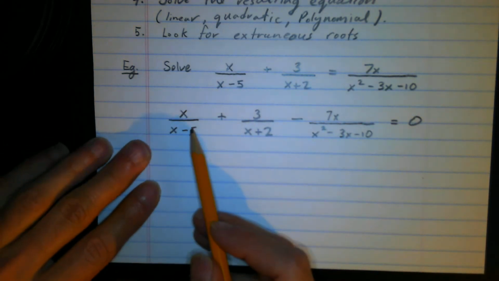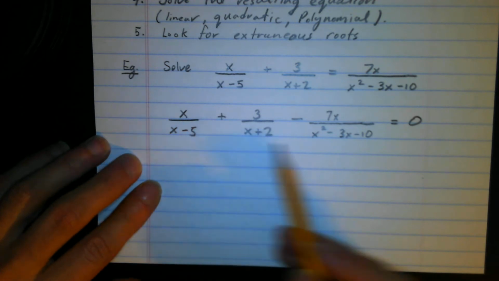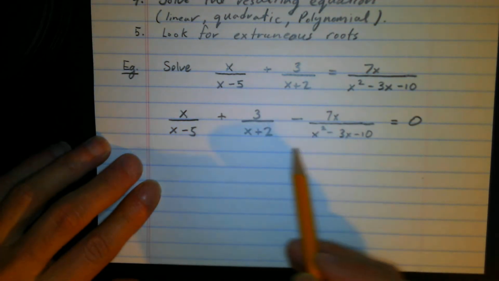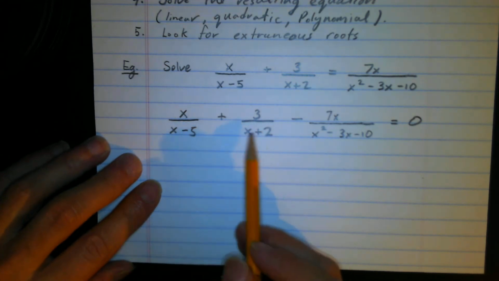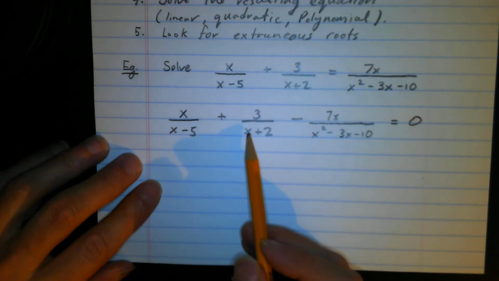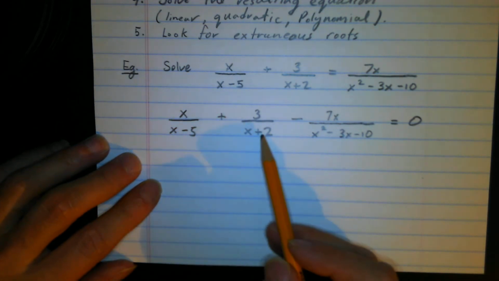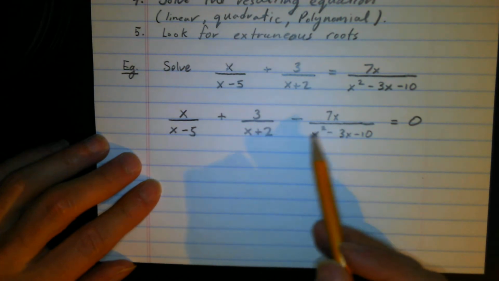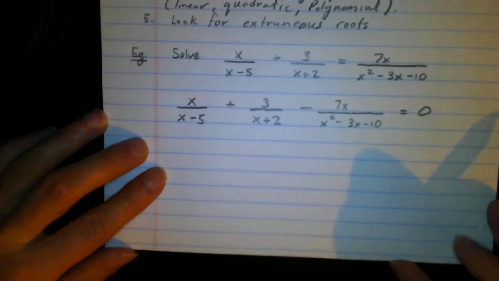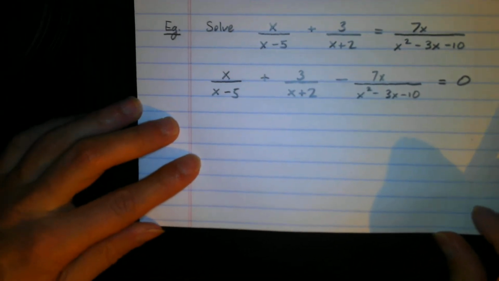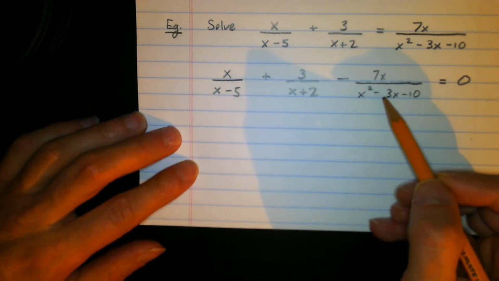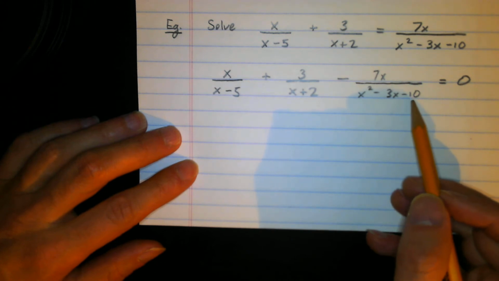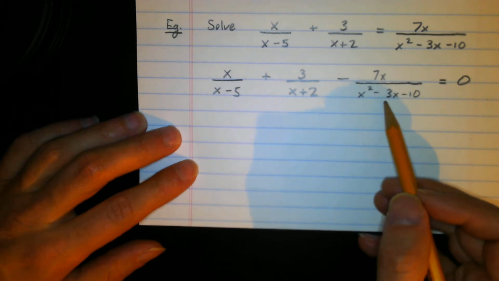Okay, next, we need to build up our fractions here. We need to make a common denominator, so we need to factor this one here. If you look at the other factors, it's usually a pretty good indication of what the factorization is, because otherwise the questions are going to get really messy. But we should be sure and just factor this properly. This is one of the easier types where we can do it by inspection. And again, if you like to do these by decomposition, then by all means do that on your own at home. But I can see that minus 5 times 2 multiplies to minus 10 and adds to minus 3.